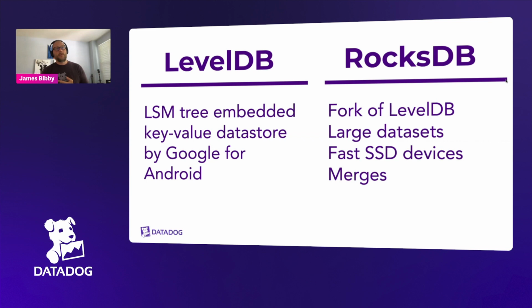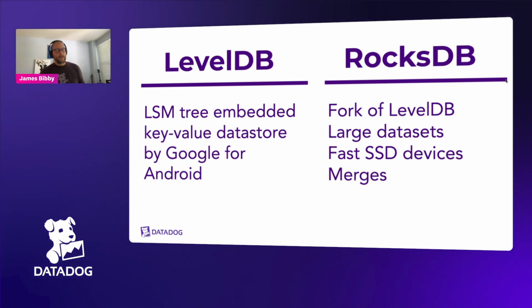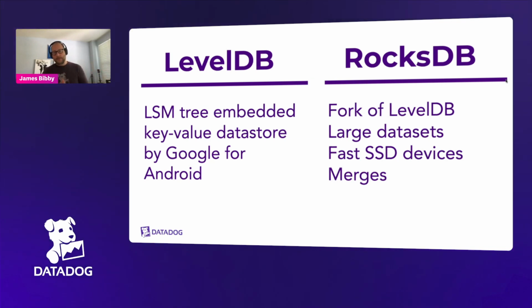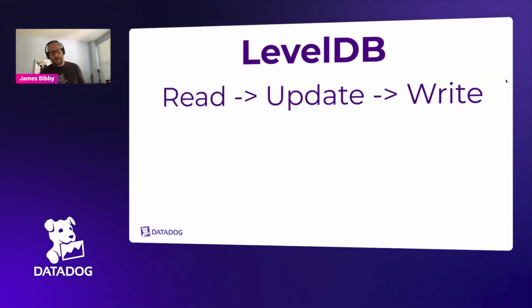An understanding that it would be backed by really fast SSD devices, and it had some other features like merges, which was especially important to us. And so we went through a migration. It was probably one of my first big projects here at Datadog. I worked on migrating from LevelDB over to RocksDB to take advantage of some of those benefits, because it really was designed for our type of use case.